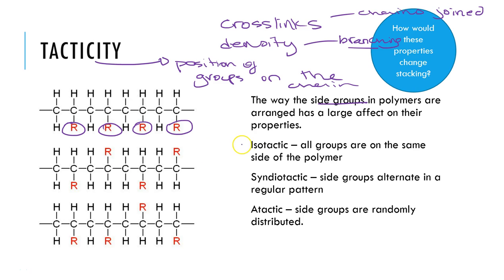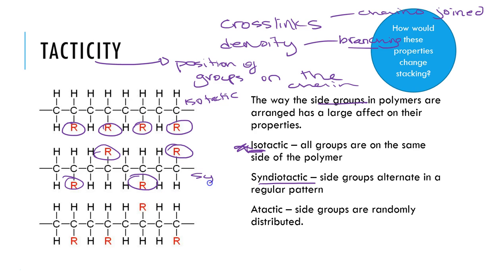The terms that we have here are isotactic, iso being isolated, all groups are on the same side of the polymer, so that's this one here. Syndiotactic, like a syncopated beat, they alternate in a regular pattern.